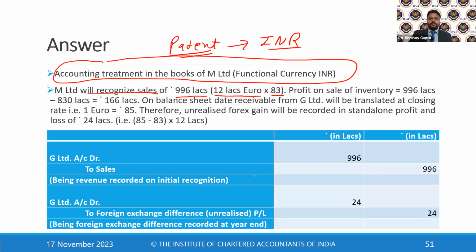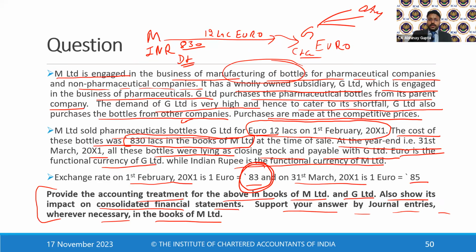Profit on sale of inventory is 996 lakhs minus 830 lakhs, which is 166 lakhs. So the 830 lakhs cost is given here for these bottles, which the parent company has sold to the subsidiary company.